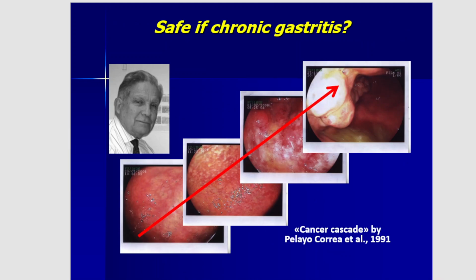Here you see changes of gastric mucosa in chronic atrophic gastritis, like the cancer cascade by Pelayo Correa.